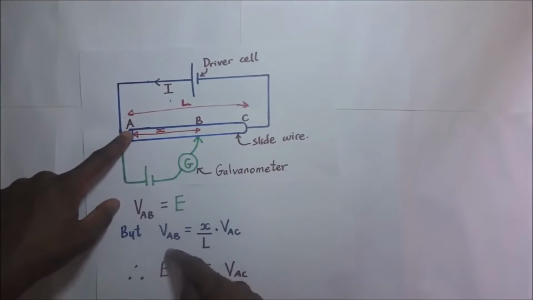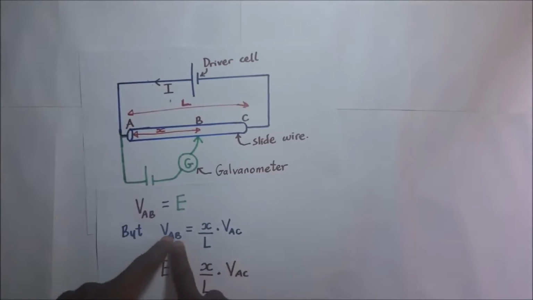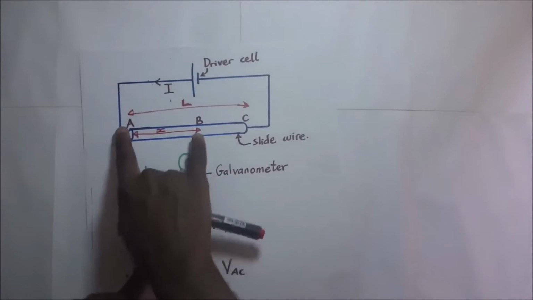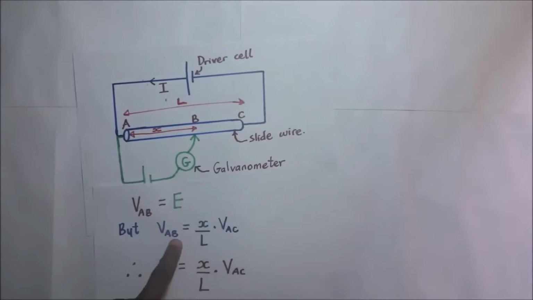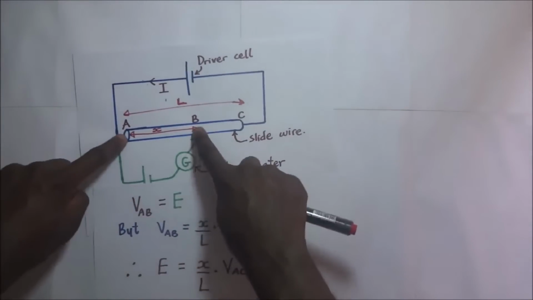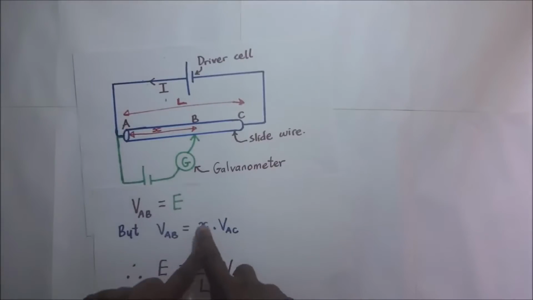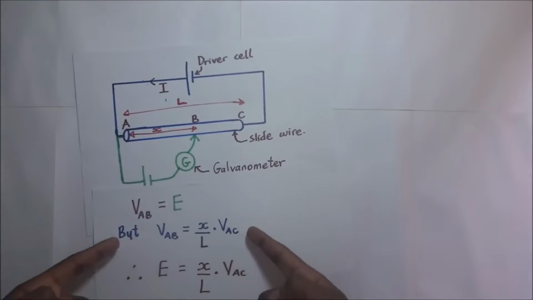This is what we did here: the PD across AB divided by the PD across AC is equal to the length X over L, the original length.